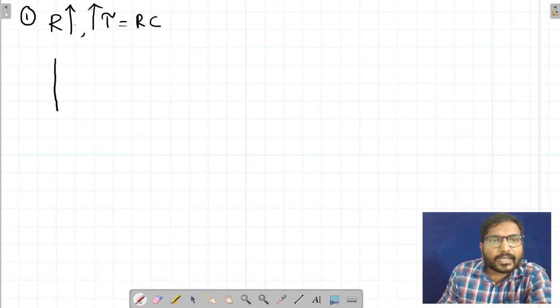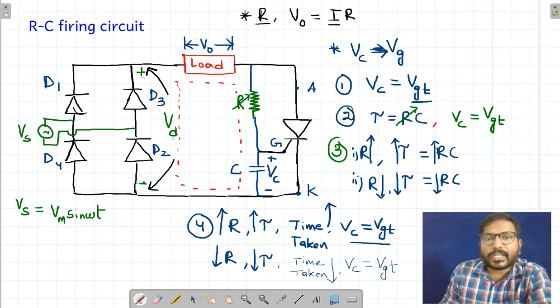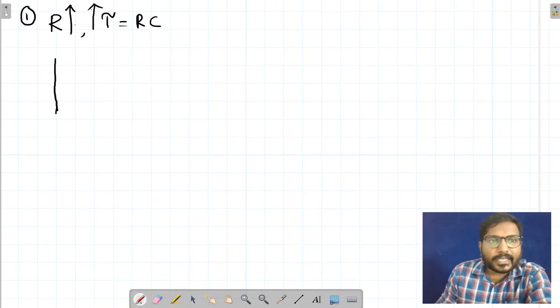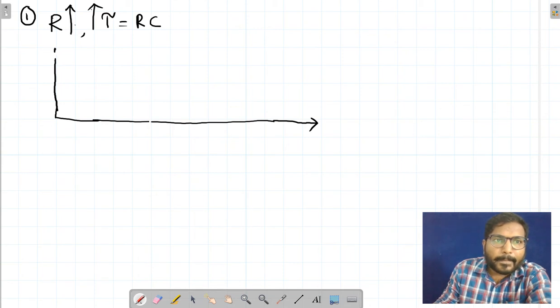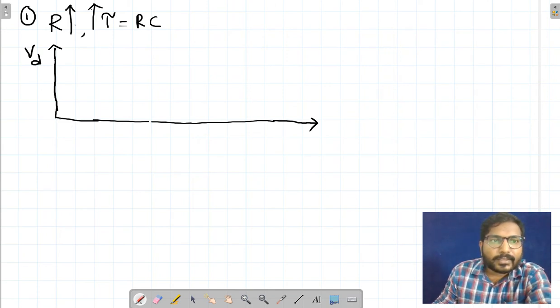So coming to the waveforms, what is the input voltage to the capacitor? Vd. That's why I am representing Vd here. Vd is the output of the full bridge rectifier. It is a pulsating DC.